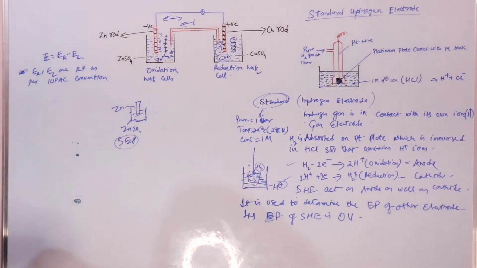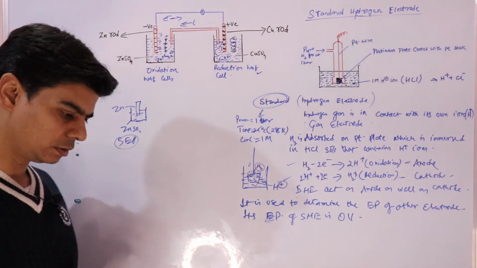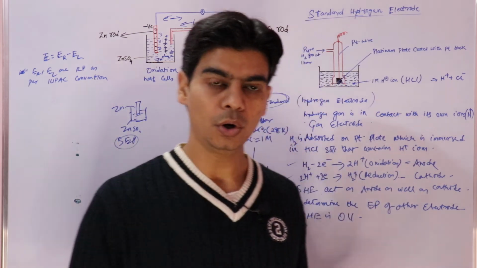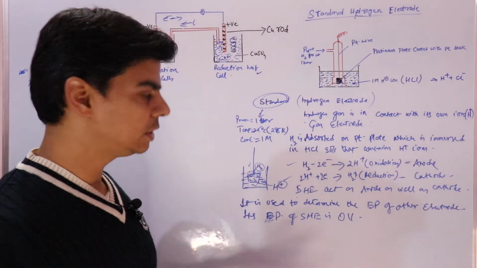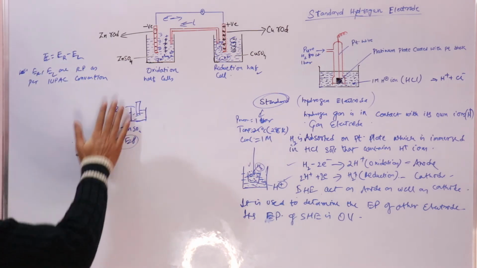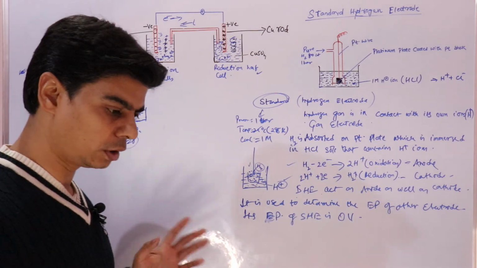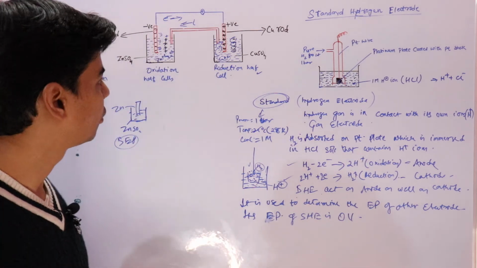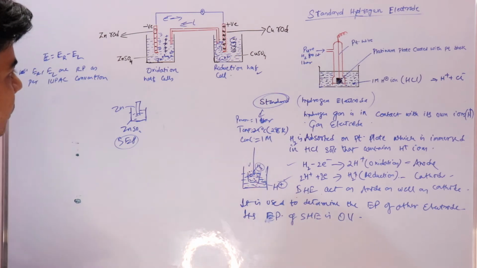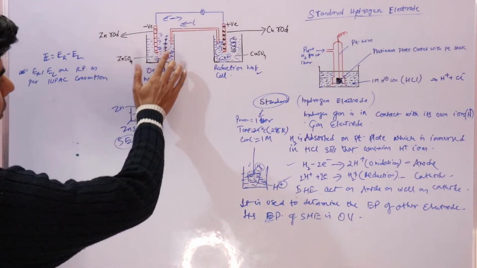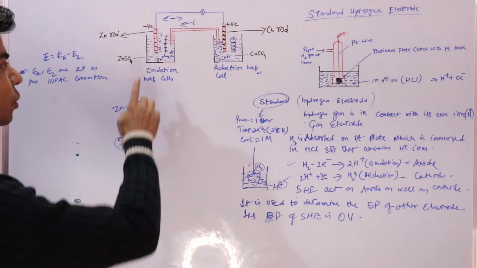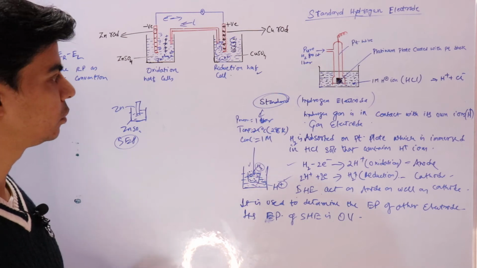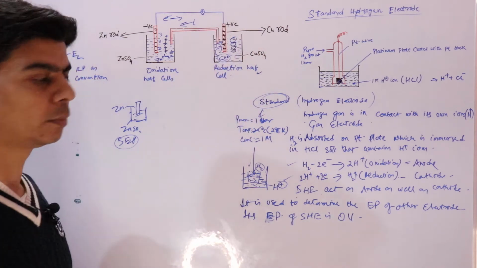The electrode potential of any electrode, say the zinc electrode, is due to the oxidation or reduction reaction that takes place at the electrode. If you recall the previous lecture on electrode potential, the electrical double layer formed at the interface of the metal rod was a result of the oxidation reaction, or the reduction reaction in the case of the copper rod.